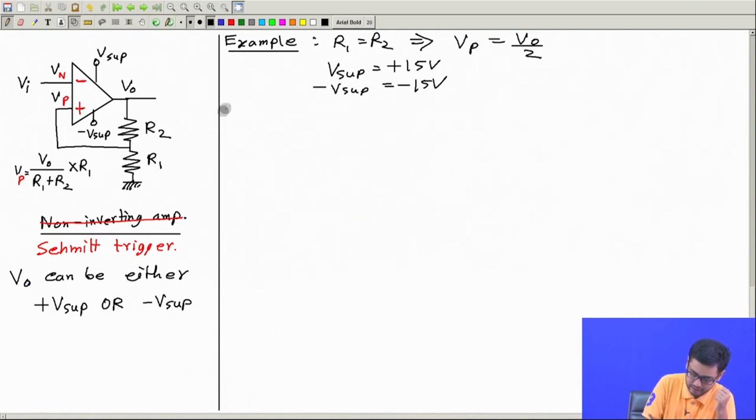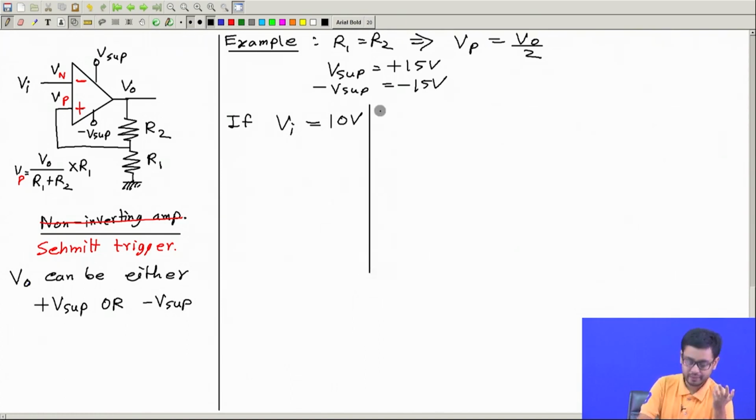Now if I write Vi input equal to say 10 volt, what will be the output? So input is 10 volt, what will be the value of output? So we know output can be either plus V supply or minus V supply. These are the only two stable values.